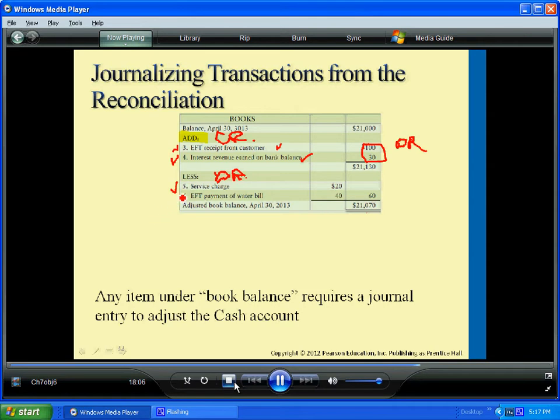Then I'll credit the cash because the cash is flowing out. So there's how you would journalize all items appearing under the book balance.